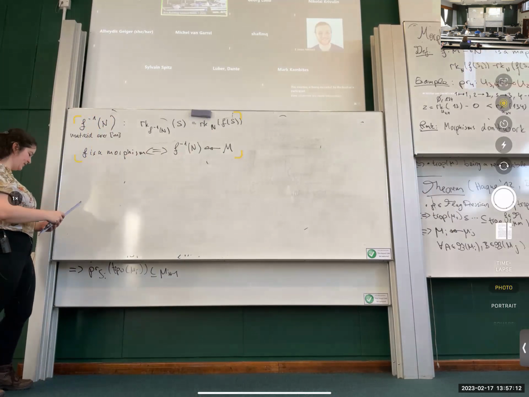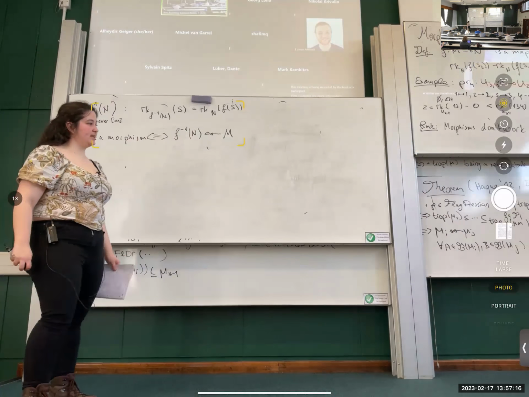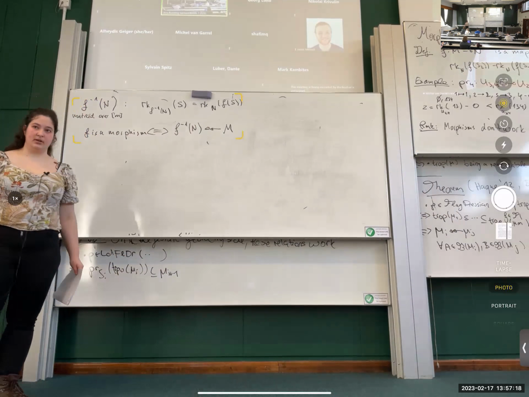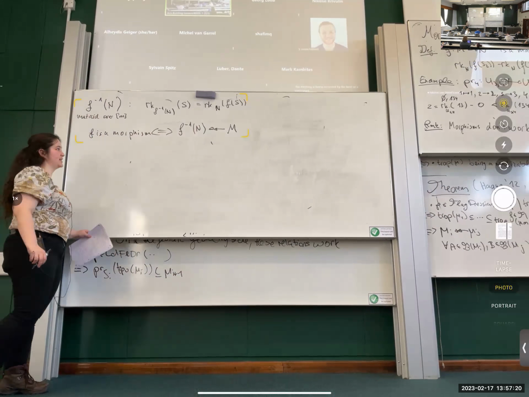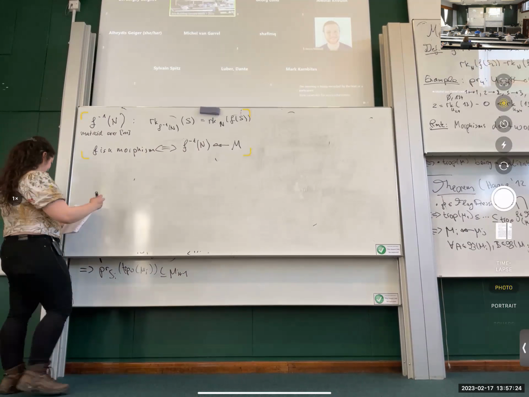And this is a kind of technical procedure, because we don't just need valuations on bases, but we also need to extend our notion of valuations to valuations on independent sets.